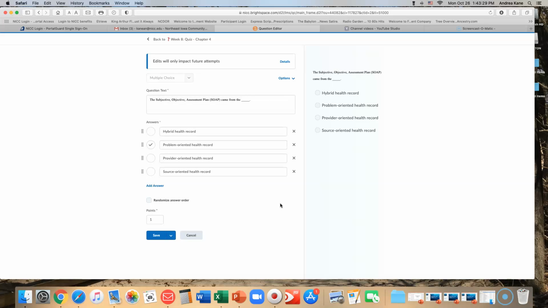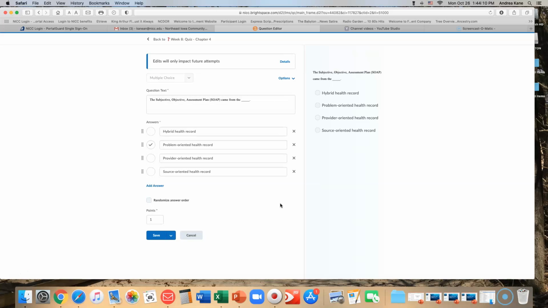Just a second here, I'm looking. Maybe further back than what I'm thinking. I thought it was up here with the rest of this stuff. But in the meantime, I can tell you, SOAP stands for Subjective, Objective, Assessment, and Plan.